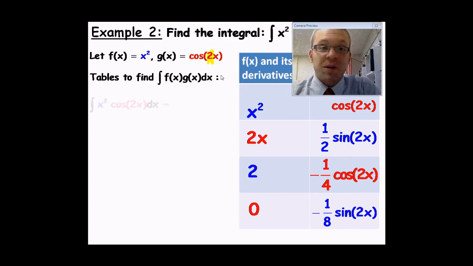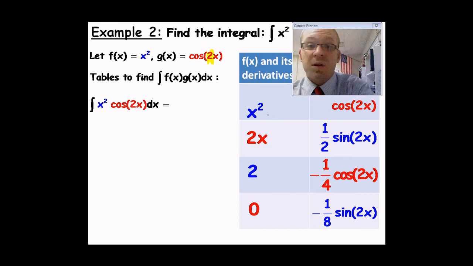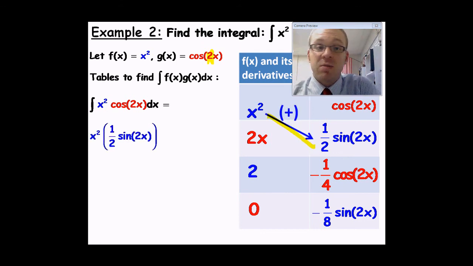And so to do the integral of x squared cosine of 2x dx, first we're going to start with x squared and 1/2 sine of 2x.